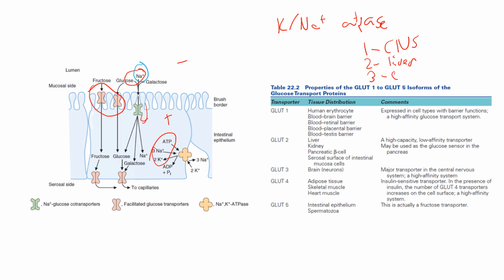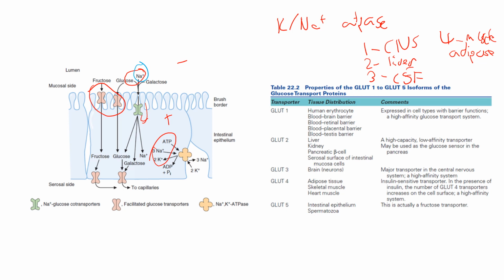GLUT3 is for the cerebral spinal fluid. So another one that's in the kind of central nervous system, just this one specifically for the cerebral spinal fluid. GLUT4 is for your muscle and adipose. This is another really important one. You've also probably seen on previous lectures, we briefly mentioned this one.